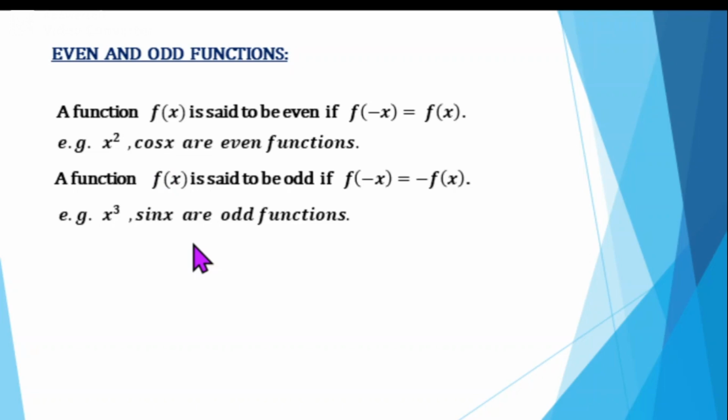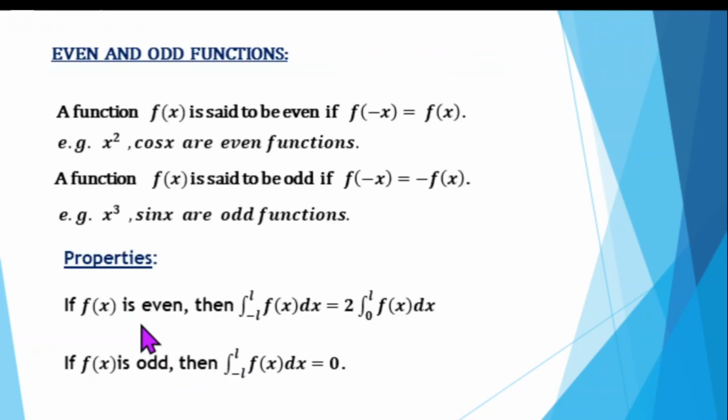Next, let us look at two properties for definite integrals for even and odd functions. If f of x is even, then the value of definite integral minus L to L f of x dx is 2 times the value of integral 0 to L f of x dx. Also, if function is odd, then the value of integral minus L to plus L f of x dx is equal to 0.